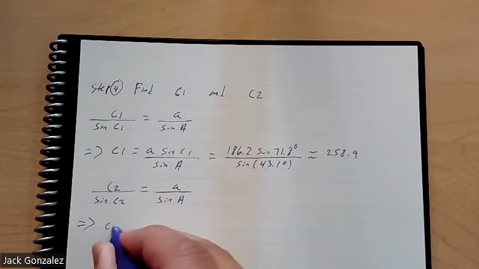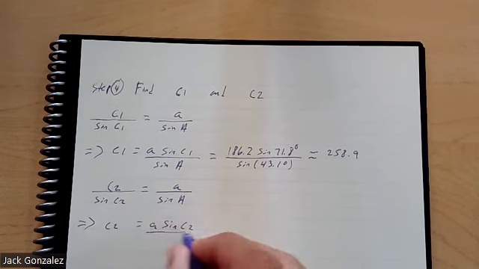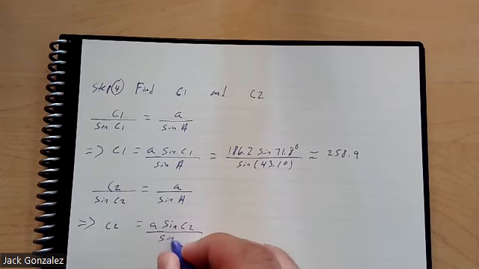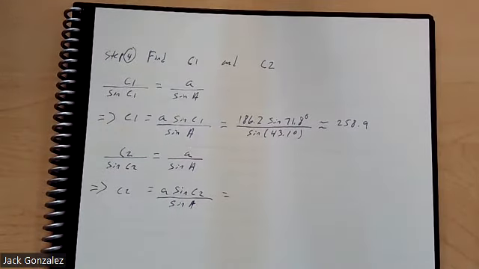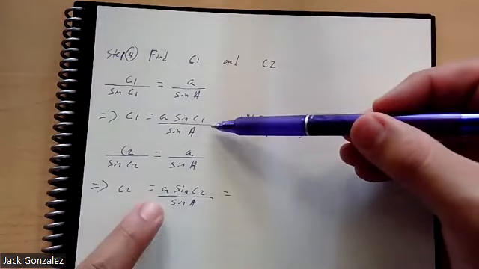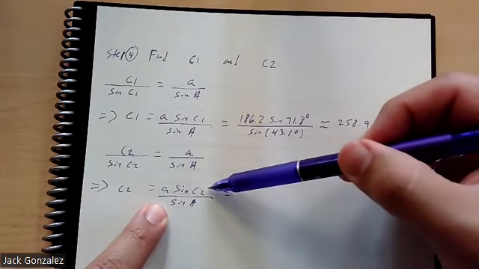So solve for C2, and you get almost the exact same thing. Just replace the C2s. See what I mean? All right, it's the same formula, these two. I'm only changing that C1 and C2.